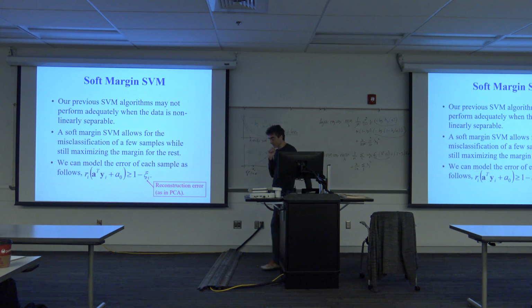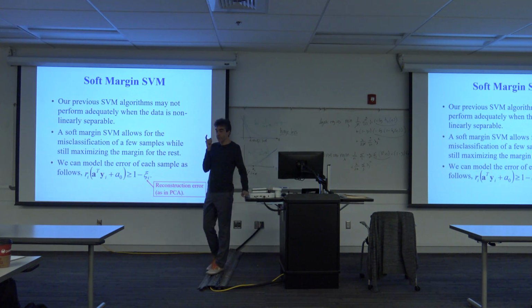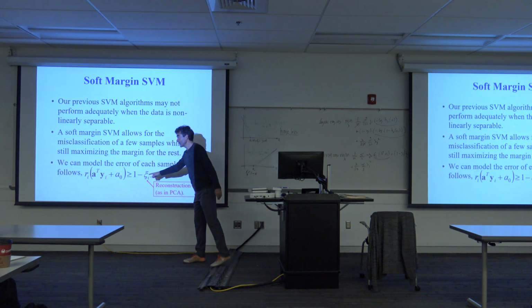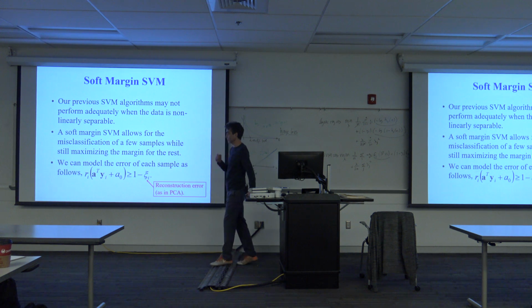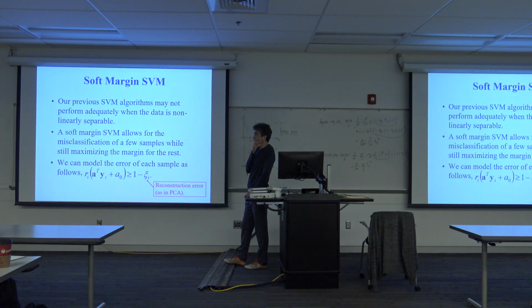A nice extension, because remember, unless we know what the phi function is that maps our data from a space where our data is non-linearly separable to a space where it is linearly separable, then I may still end up with a space where our data is not linearly separable, even in the kernel space, right? And then a nice extension to these derivations that I did on the board is to add a factor here, another constant, to define what's called the soft margin.